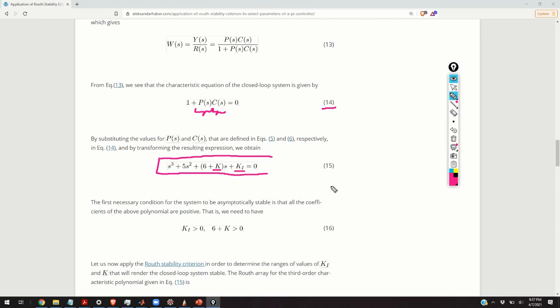So our goal is to select k and ki such that the real parts of the system poles are negative. So the poles should belong to the left half of the complex plane.